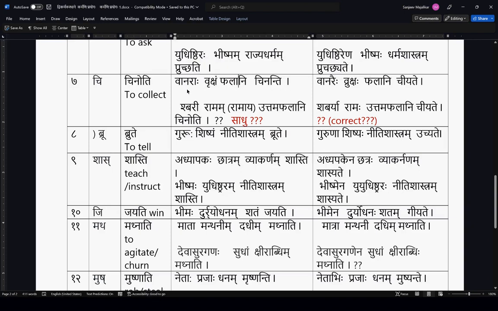So when giving examples with dvi karma padam, two karma padas with chi dhatu, make sure that you use some examples where the gauna karma pada originally has the apadana karaka, not the sampradana karaka. Because we don't know the entire language. Don't twist the usages, at least right now.